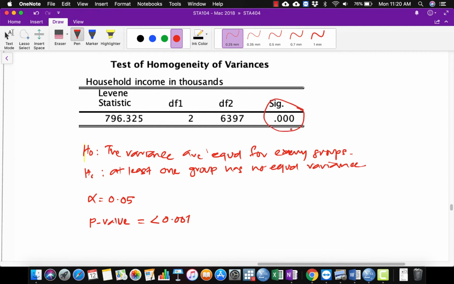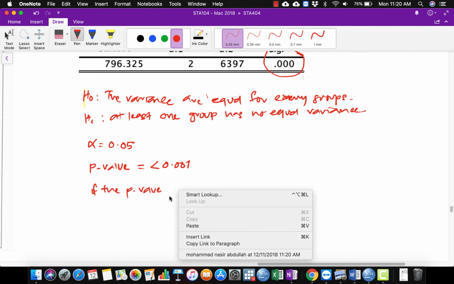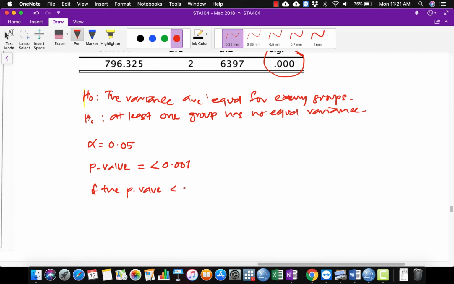It indicates 0.00. It doesn't mean that the p-value is 0. It means that the p-value is very small, less than 0.001. So our decision rule: if the p-value is less than 0.05, H0 is rejected.